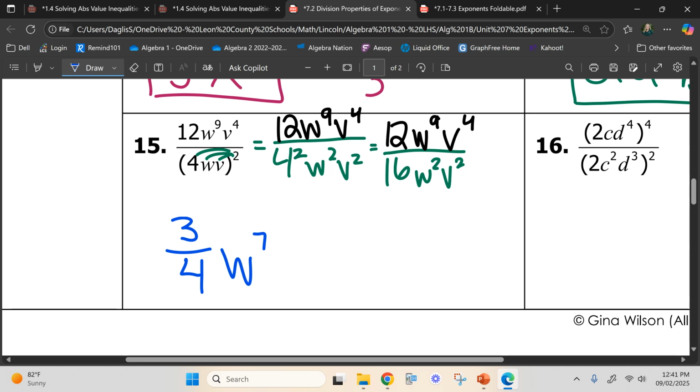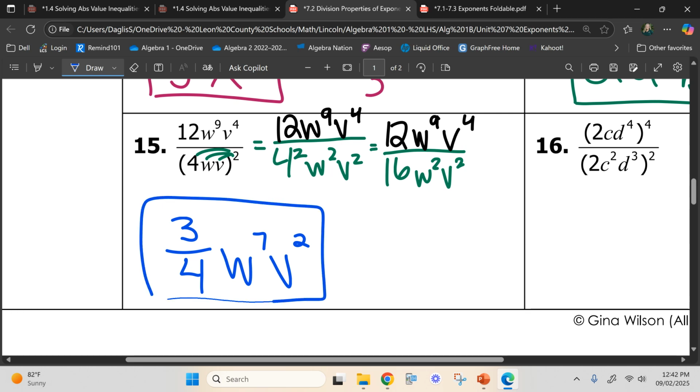What's my new V? 2. V to the power of 2. Good. Bonus question, what's the other way I could write it? 0.75. Okay. Yep.